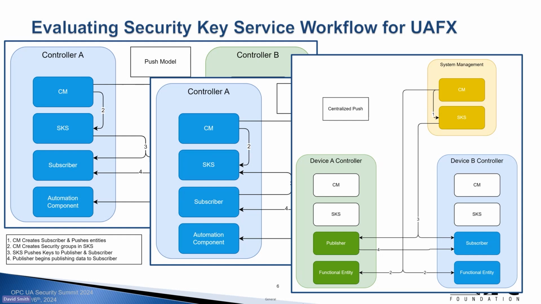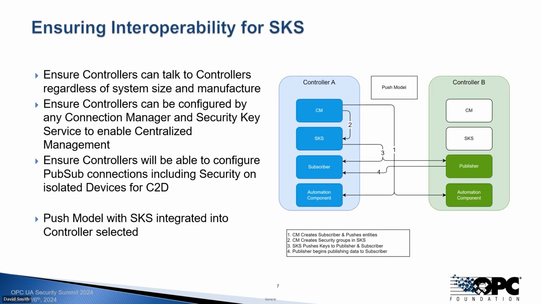So from a data flow point of view, this would be a very good pattern to have as well. And push mode for the secure centralized mechanism should work as well. So the obvious choice was then to go with the push model.